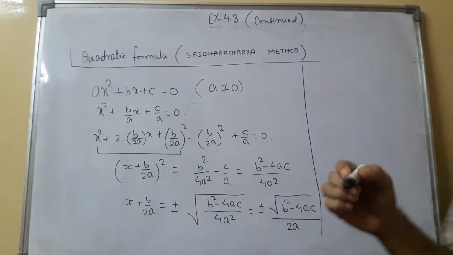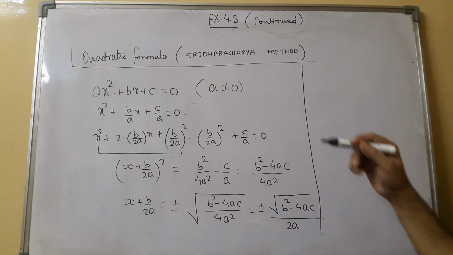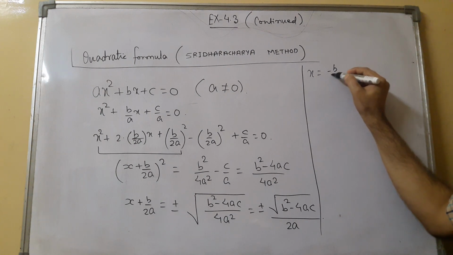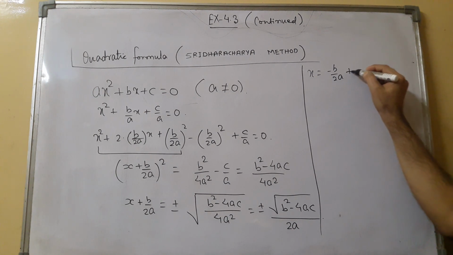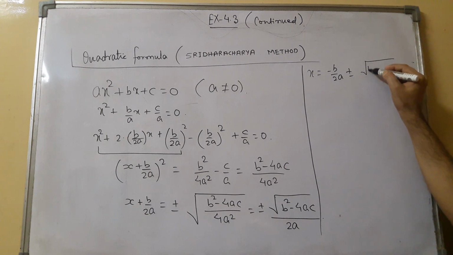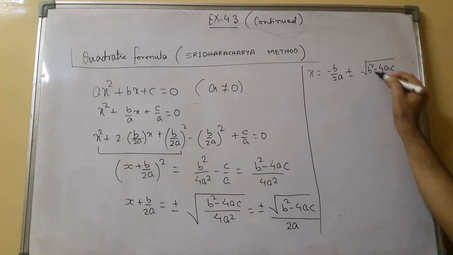Now take this term to the right hand side. So x equals to what? Minus b upon 2a plus minus square root b square minus 4ac. This is also known as the discriminant.